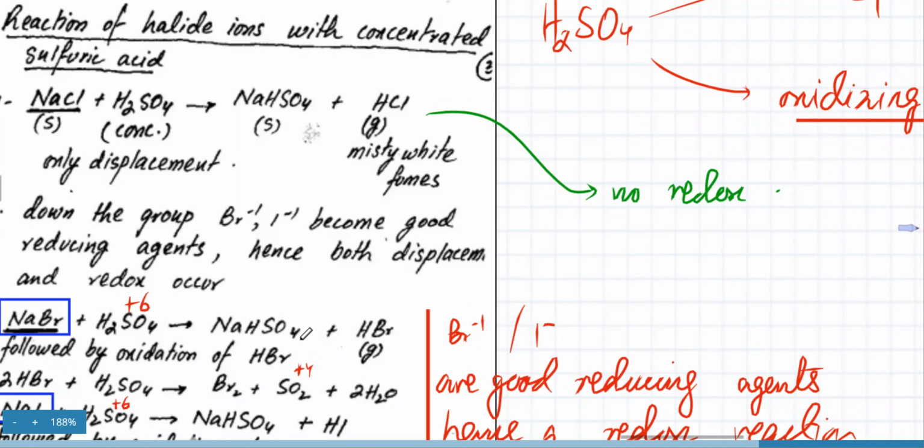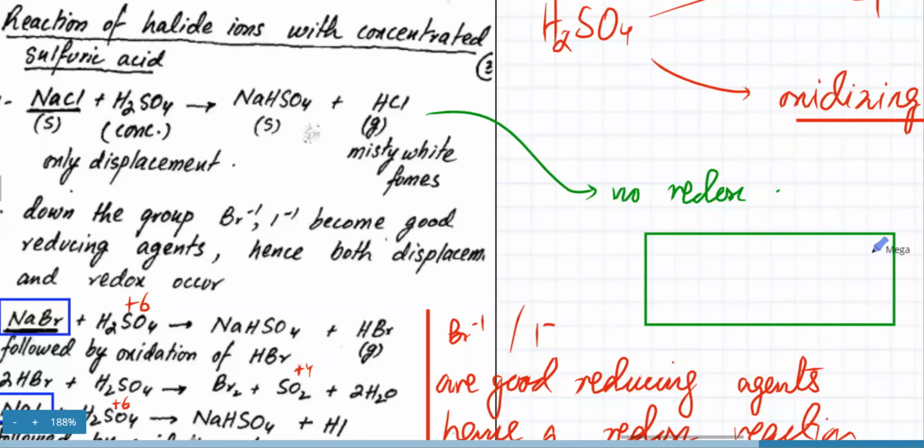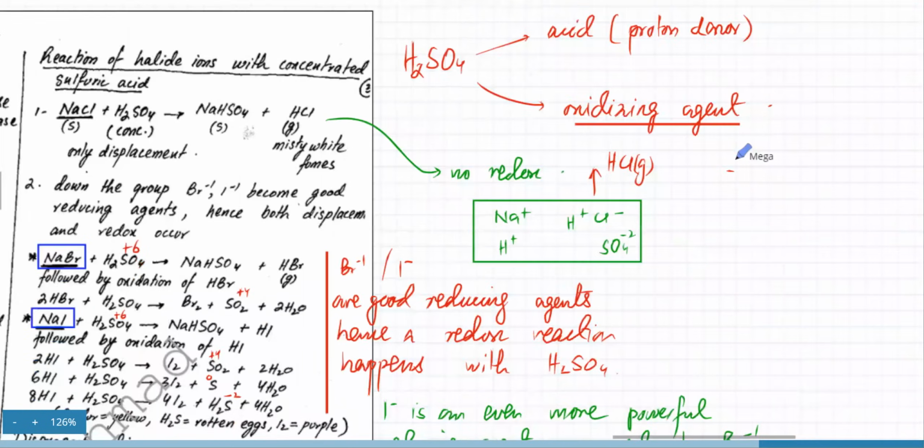So why do you get a displacement reaction? The reason is that if you take a solution and add Na+ and Cl- ions into it, and at the same time add H2SO4, H+ and SO4 2- ions into it, what would eventually happen is that the H+ and the Cl- ions would get together and form HCl gas, and you would start seeing misty fumes of HCl gas being formed.